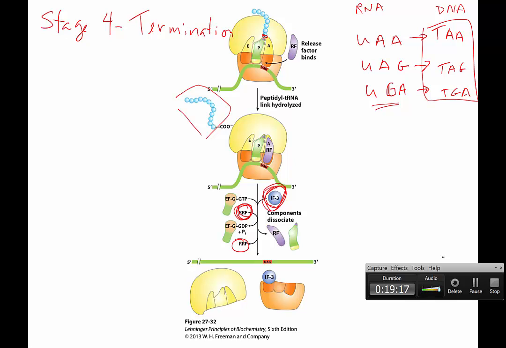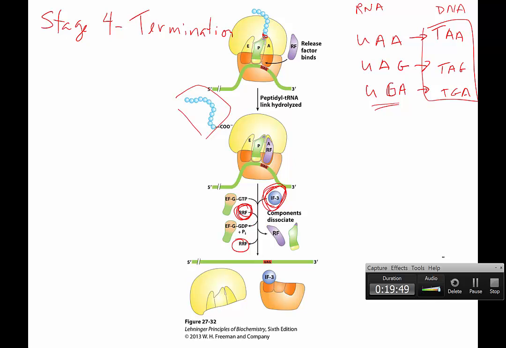I meant to say we have EFG with GTP bound together with initiation factor associated with the ribosome. Then the ribosomal release factor associates with the ribosome, and the hydrolysis of GTP and the association of the IF3 are basically all done together.